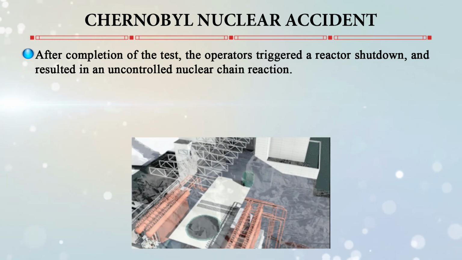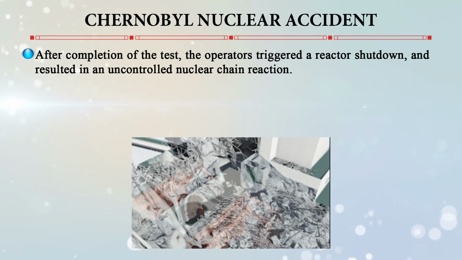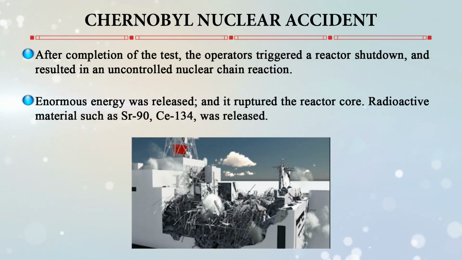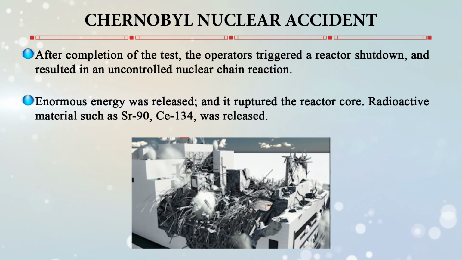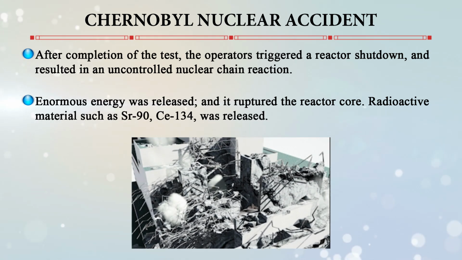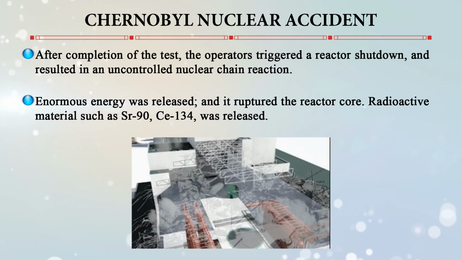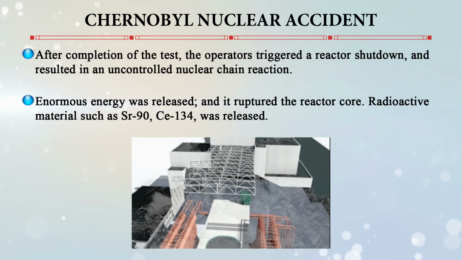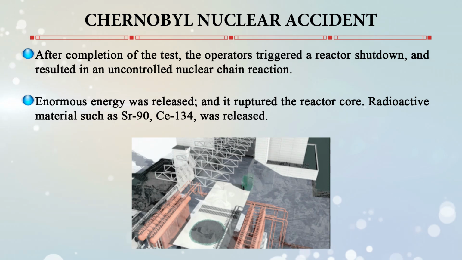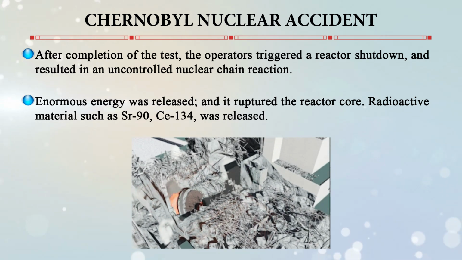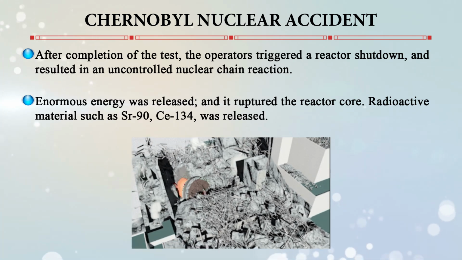Now you will have an understanding of the nuclear chain reactions and nuclear explosions. An enormous amount of energy is released when such explosions occur, and the same occurred here, and this ruptured the reactor core. The radioactive material, which is really very hazardous, such as strontium 90, cesium 134 and so on, was released.